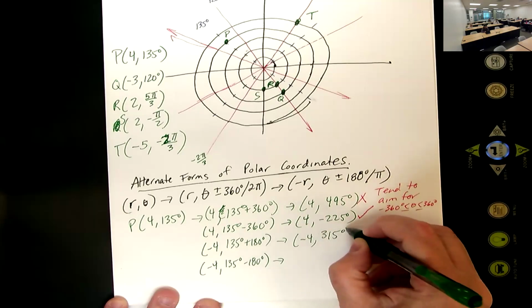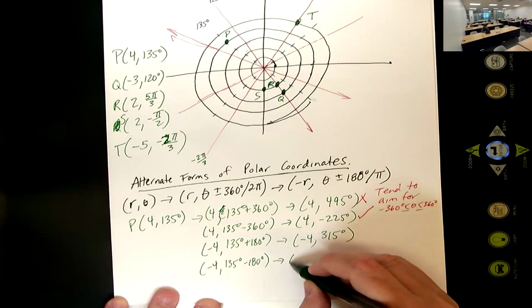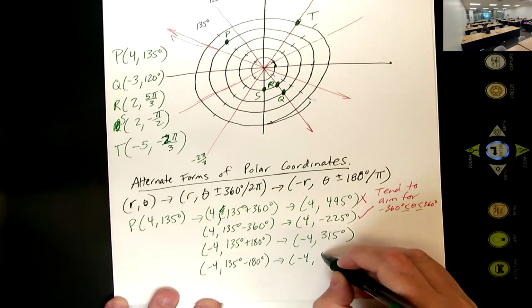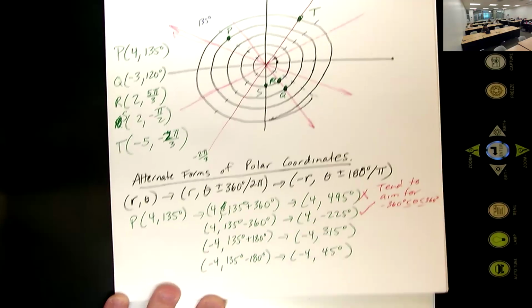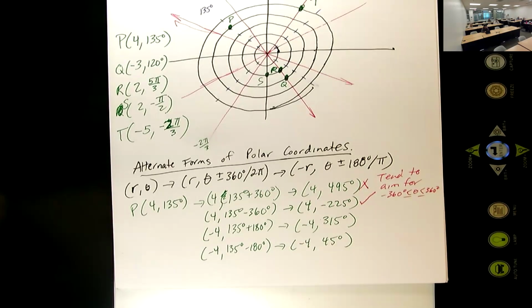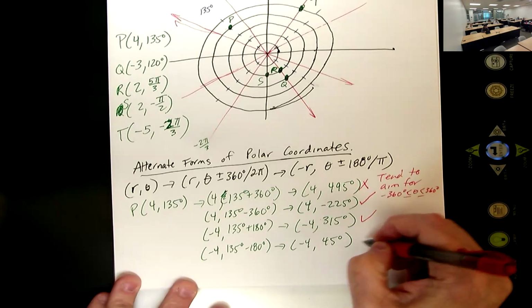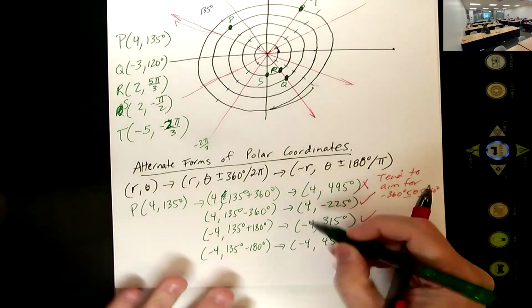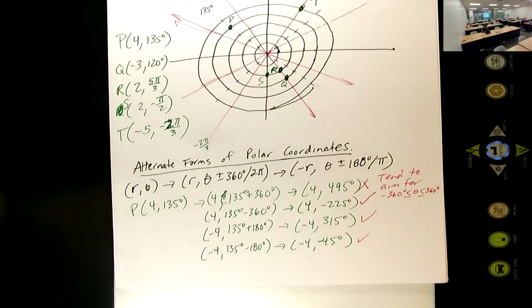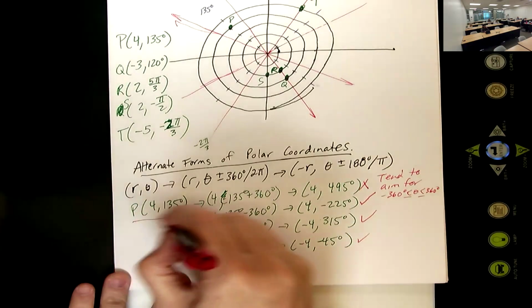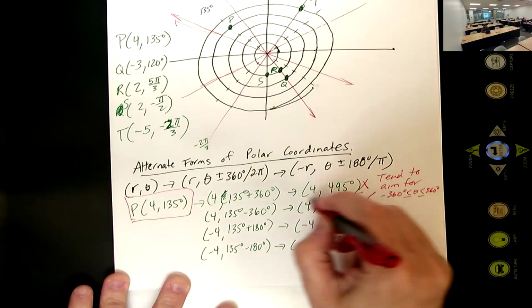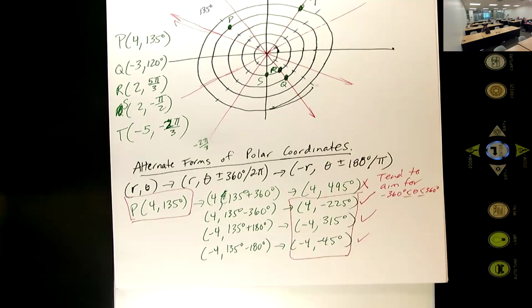Positive, yeah, 315. And this is -4, 45 degrees. It's -45 degrees, yeah, it is negative. Good catch. So this one and these three are the 4 primary different ways to show the same point.